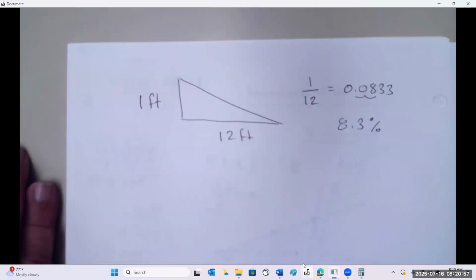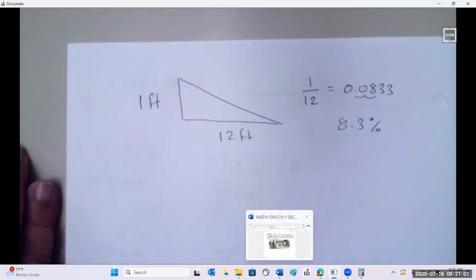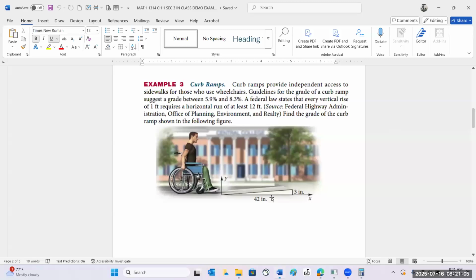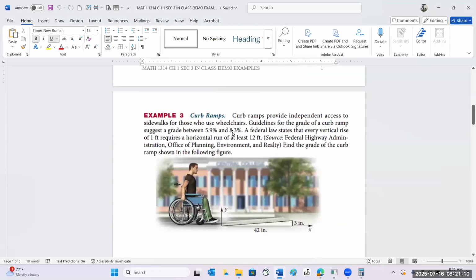And remember, we saw that before, right? Where is that? Right here, 8.3%. So the maximum is for every 1 foot up, you have to go 12 feet out.